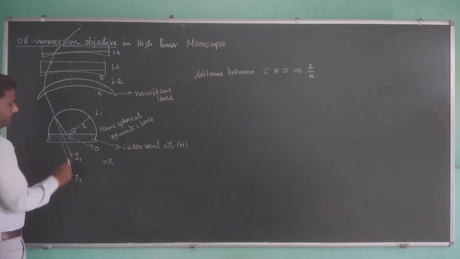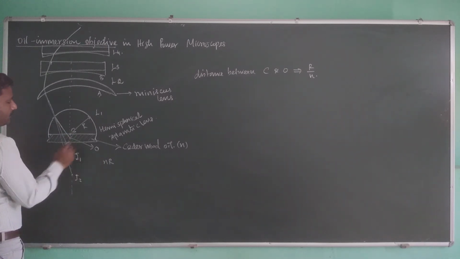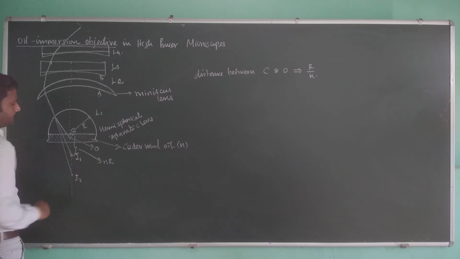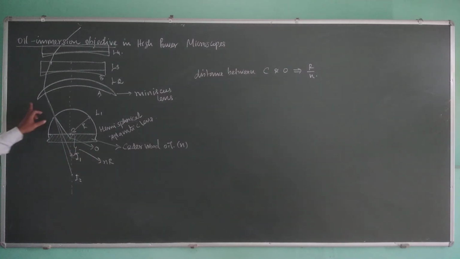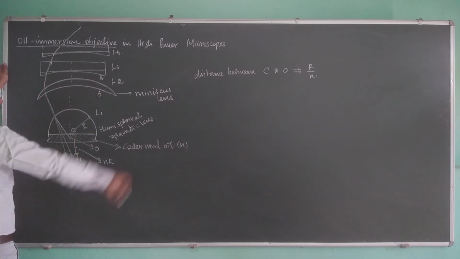Now this I1 will be located at a distance nr from the center of curvature. Now we have another meniscus lens whose lower surface is A and upper surface is B, and it is adjusted in such a way that I1 is the center of curvature for this lower surface.